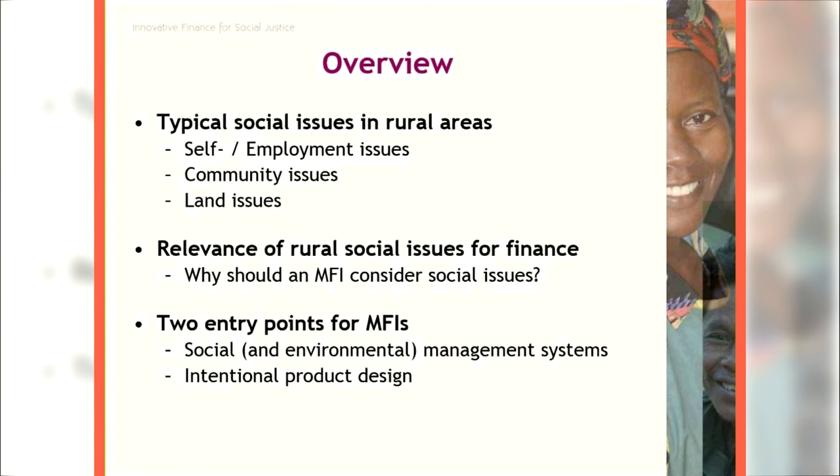And then we close with some ideas on entry points for MFIs, how they can address these social issues, one being social and environmental management systems, and a second one, intentional product design.